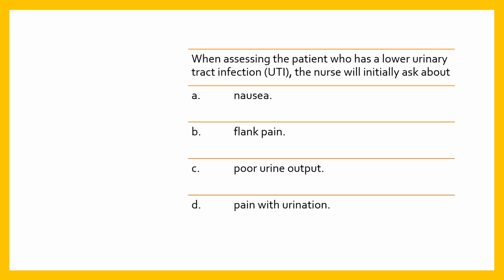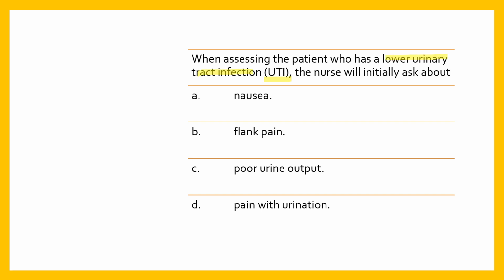Another question. When assessing a patient who has a lower UTI, the nurse will initially ask about, is it A, nausea, B, flank pain, C, poor urine output, or D, pain with urination? So I want you guys to think about this question. I know what you want to say, but let's look at this. We're talking about a lower UTI, so regular UTI, right?